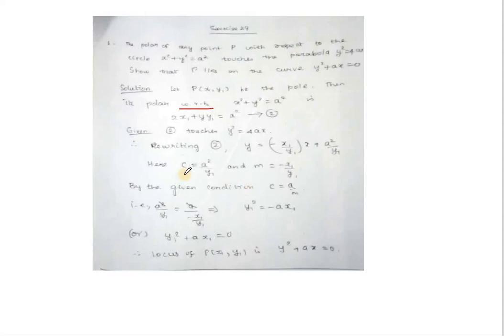So C is this and M is this. So by the given condition, as it touches, this implies that C is equal to A by M. So that is the given condition. So using the condition C is equal to A by M, we get this, and dropping the suffix we get the locus.